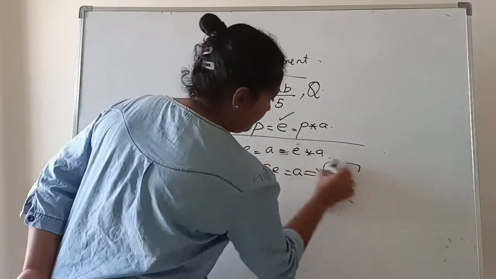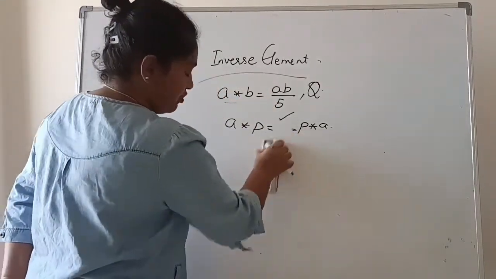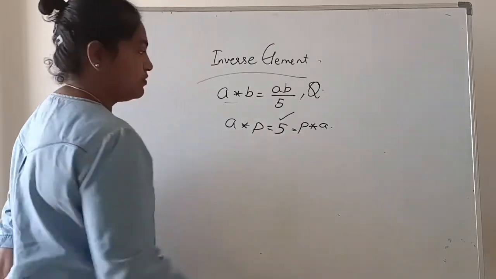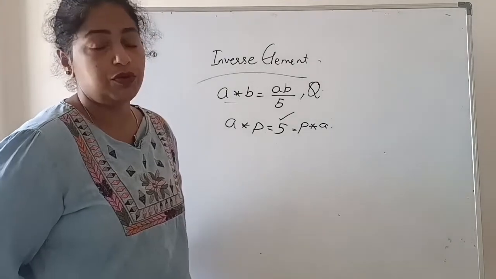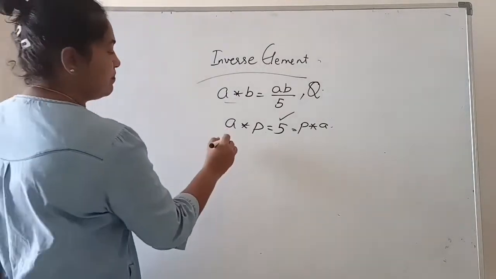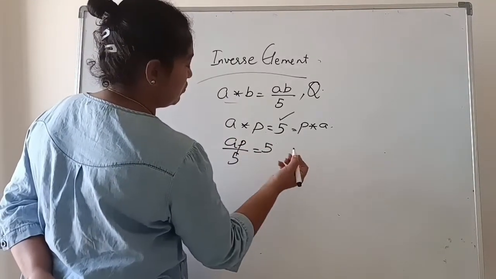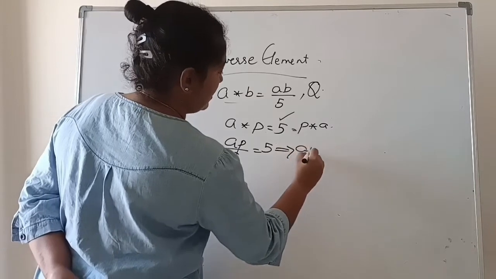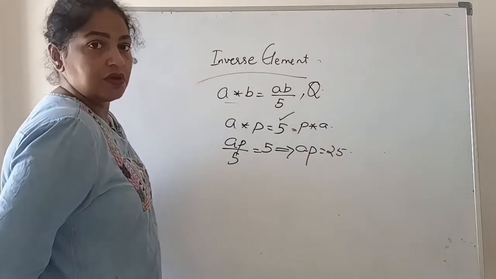Okay. So, instead of E, I will write 5. So, A binary P should be equal to 5, should be equal to P binary A, where P is my inverse element. Now, what is A binary P? Which is AP by 5 is equal to 5. So, I can say A into P is equal to 25.